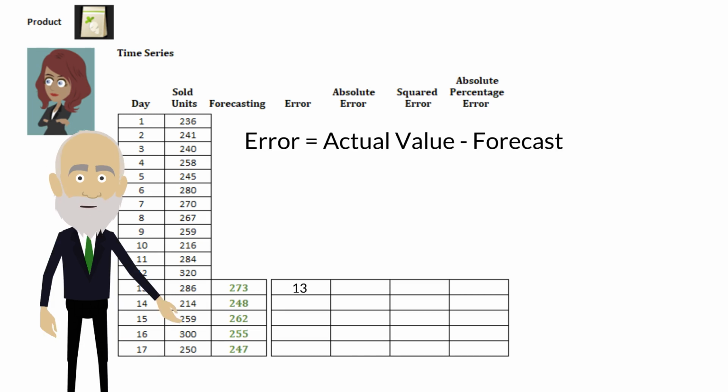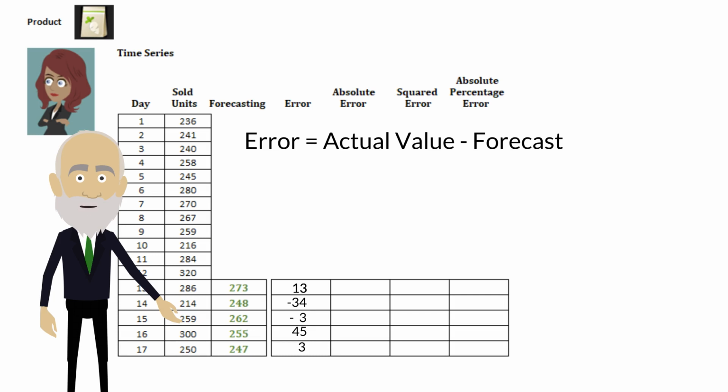In this example, the first computed error is 13, which is obtained by subtracting 286 minus 273. The second error will be minus 34, which is the result of subtracting 214 minus 248. And in this way we continue filling this column.